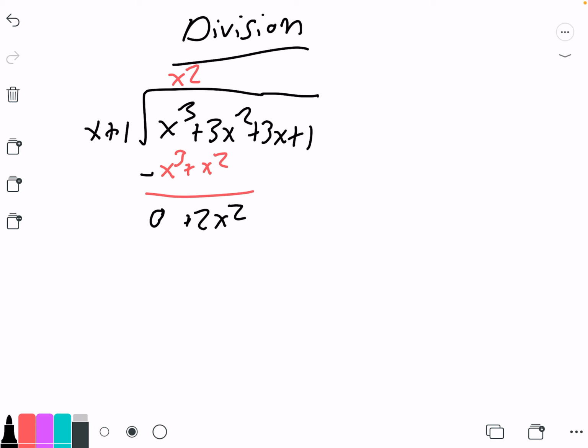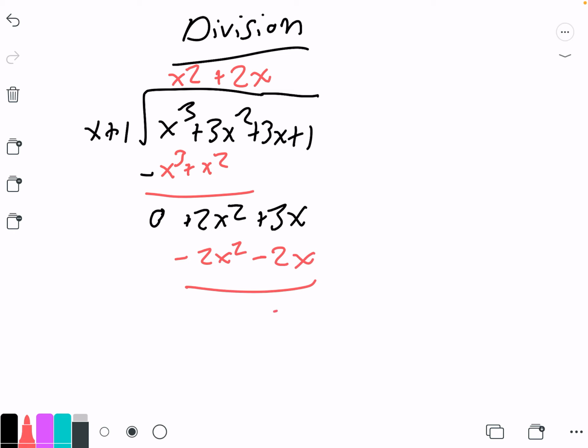And then we can bring down the 3x plus 1. So now we can do the same thing. So for x plus 1 and 2x squared plus 3x, we're going to multiply by 2x. So that gives us 2x squared plus 2x.